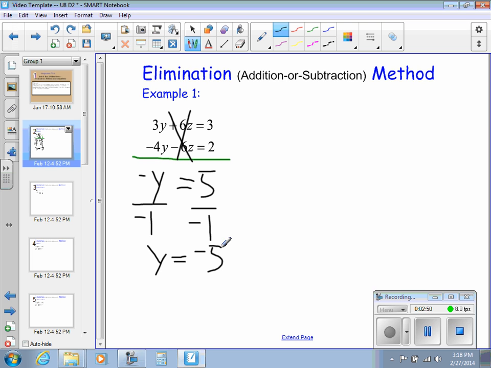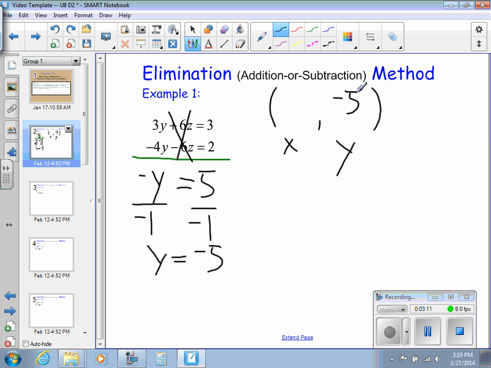Now, we need some way to keep track of this. We have two variables that we need to find here, one of them my x, and one of them my y. I just found the y, so I will put the y into my ordered pair, and it was negative 5. Now I need to find the x.